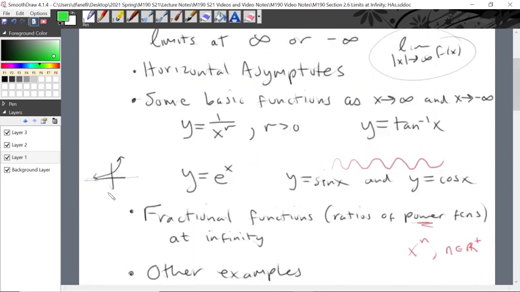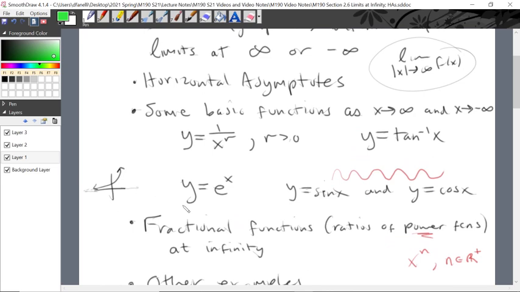Okay, so we've already taken a look at y equals e to the x. Let's take a look at y equals 1 over x to the r a bit. So as long as r is a positive number. If r is a negative number, then something like 1 over x to the negative 2 would just be the same as x squared, and we're talking about polynomials. But we're not dealing with polynomials here.